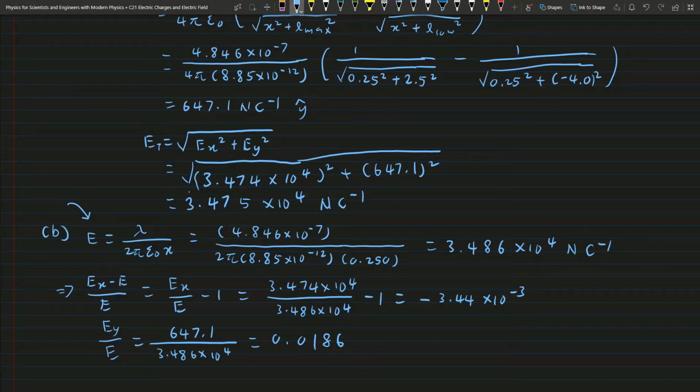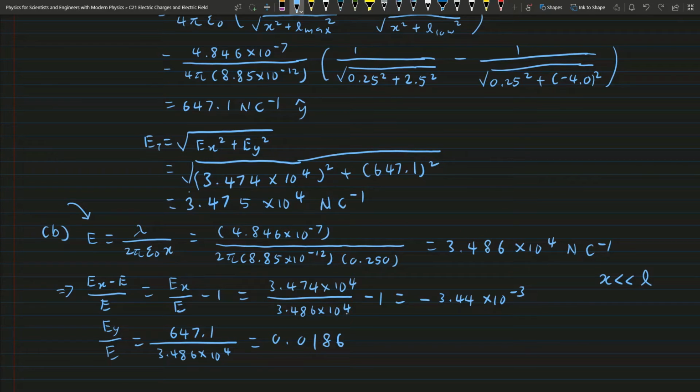If x is much less than L, this is the result we get, and the reason is that most of the wire still contributes to Ex.